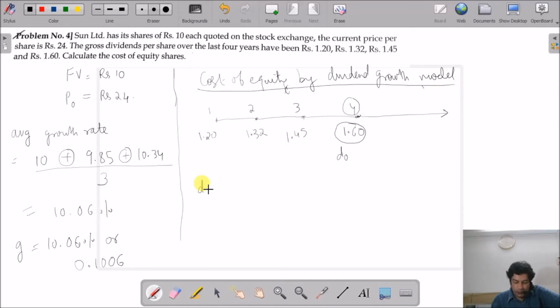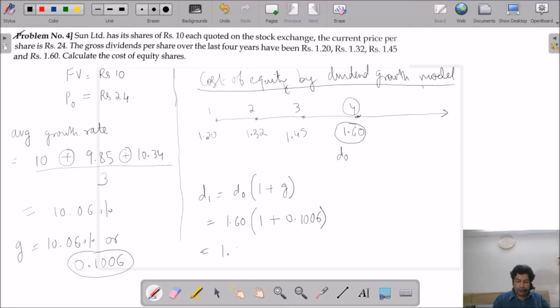So here I am doing the working. D0, it will be D1. D1 will be nothing but D0 into 1 plus the growth rate. So D0 is 1.60, 1 plus growth rate we are going to take as 0.1006.